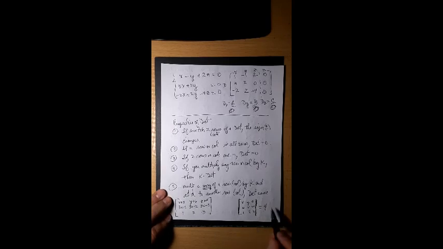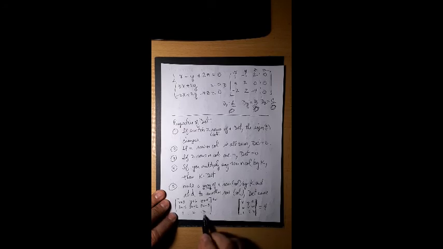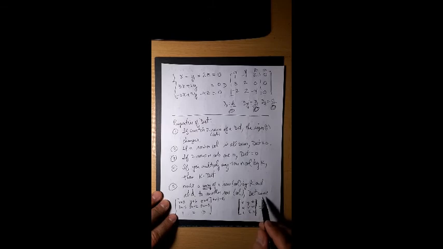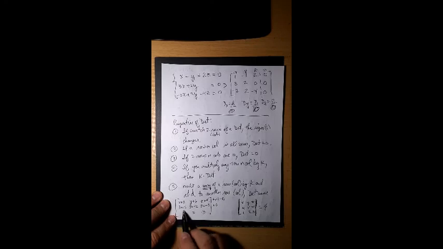Well, let's see. We know this determinant. What did we do to this first row? We took a copy of this row 3, multiplied by 3, and added it to row 1. And number 5 says, that doesn't change the determinant at all. For this second one, we multiplied the row by 3. So we have to multiply the determinant by 3. But then we subtracted a copy of this row from that.